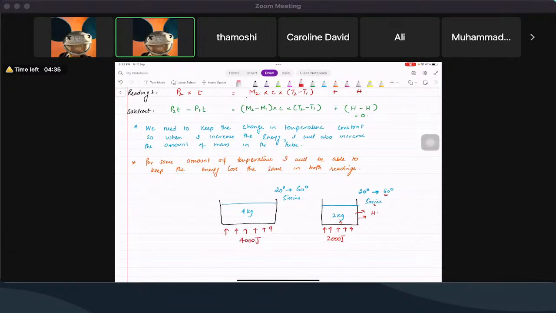Do you understand what I'm saying? By increasing the mass, I also increase the energy supplied, but the heat loss going outside would be the same because both have the same temperature. Heat loss depends on the temperature difference between the atmosphere around it and the object itself. Do you understand?